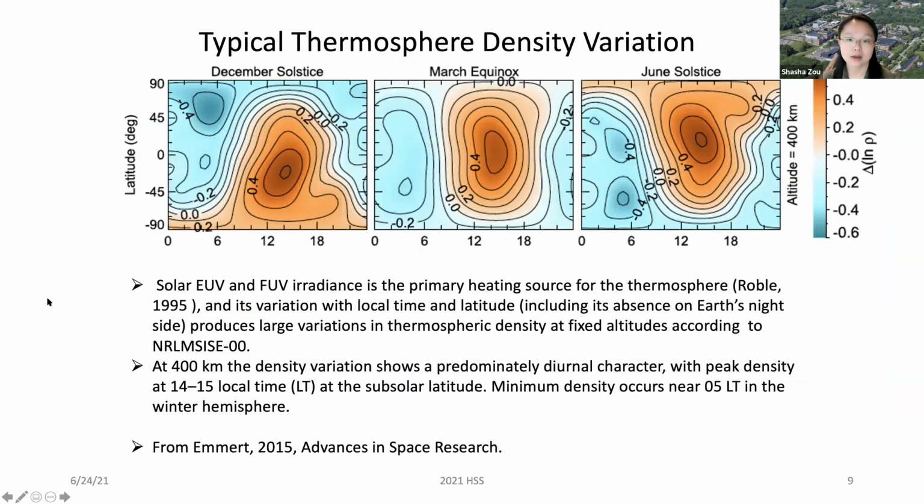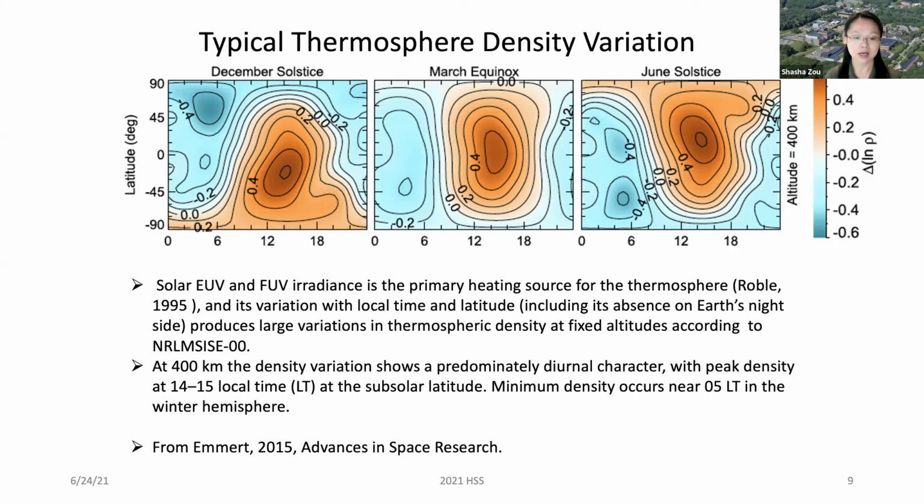Here I want to talk about some of the seasonal variations and the latitudinal variations that you would expect to see in the thermosphere. As I mentioned, the solar radiation is very important to photodissociate the thermosphere molecules and also to heat those neutrals, right?